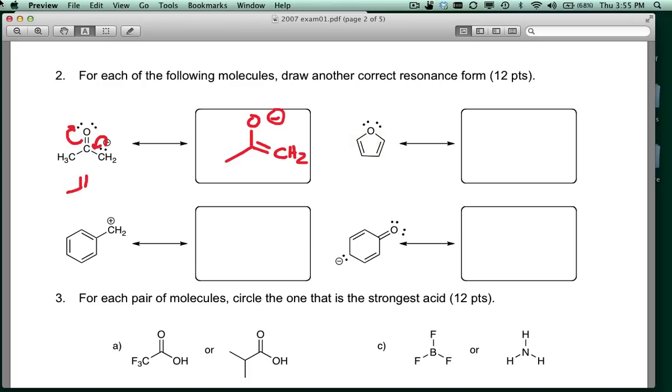So for example, if I take this lone pair and make a double bond between the oxygen and carbon and push those electrons up onto that carbon, what would that resonance form look like? Let me just be clear and show those.